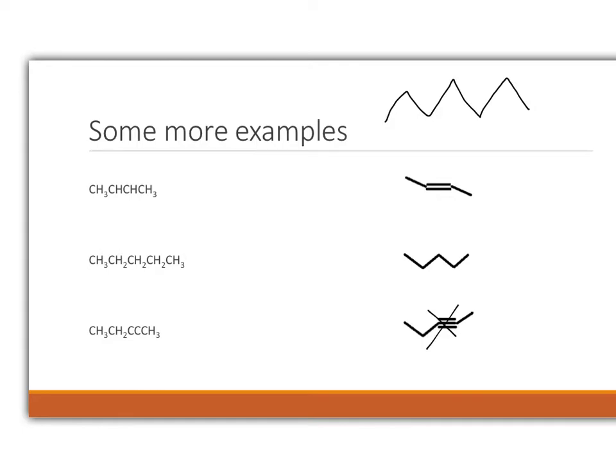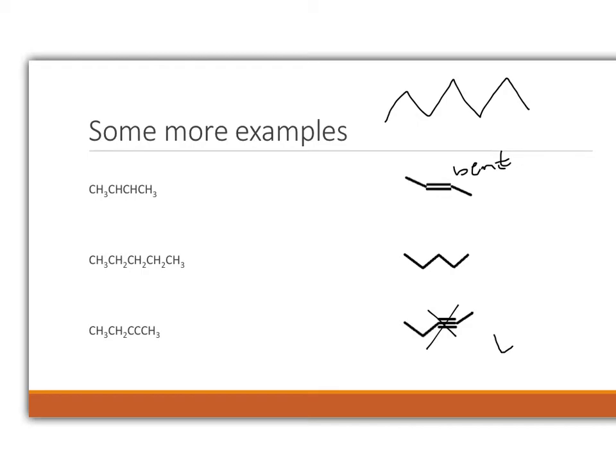Double bonds, what they do is they kind of flatten the portion of the zigzag, and then around each carbon is bent. The all single bonds gives you the full zigzag shape. And then when you have a triple bond, you have 2 atoms attached without any lone pairs, so it should actually form a linear shape.